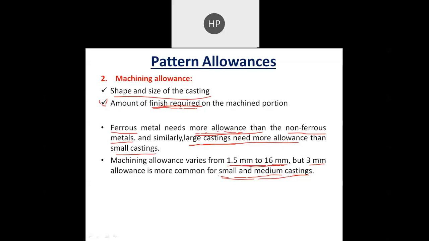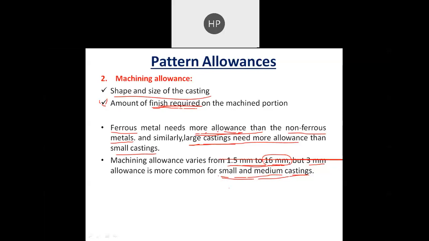So the machining allowance totally depends upon the shape, size, the material to be cast, and the finishing that we require, and it will be given from 1.5 mm to 60 mm on different types of patterns.